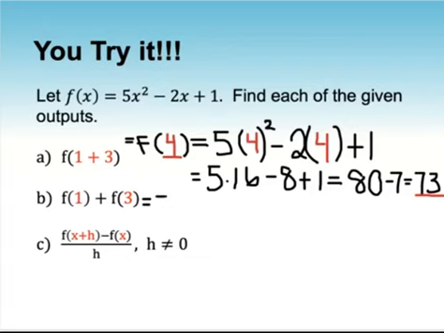So that's going to be 5 times 1 squared minus 2 times 1 plus 1.